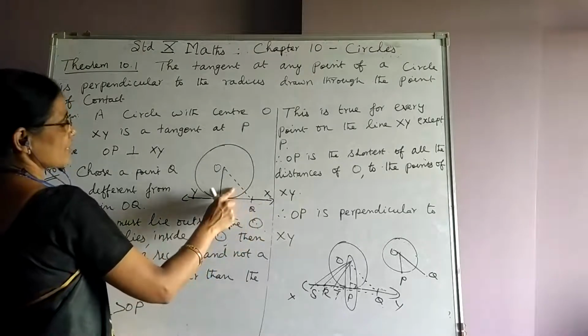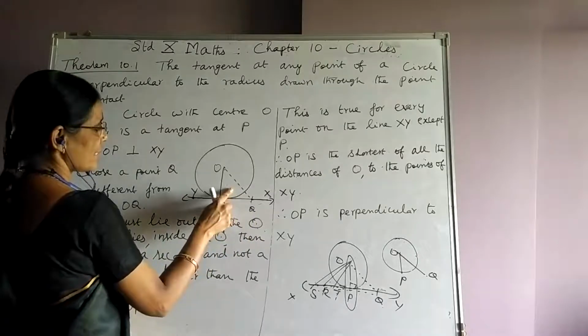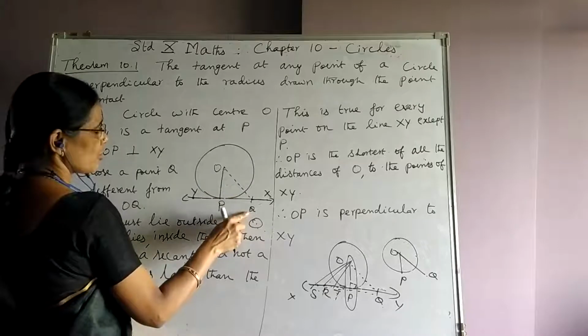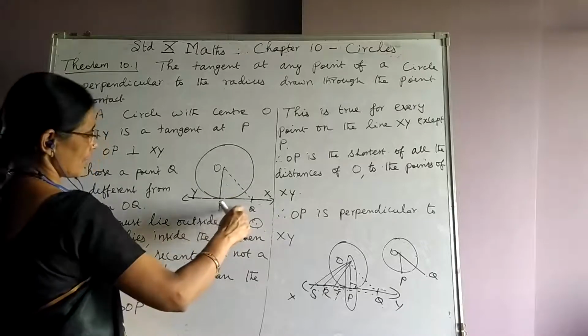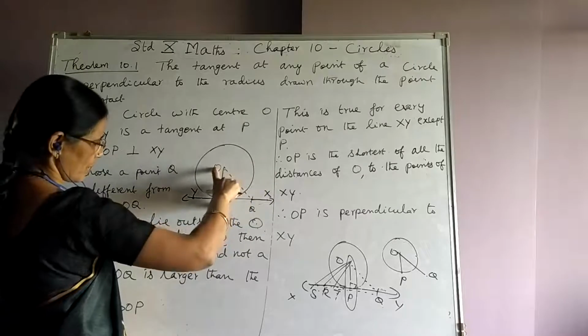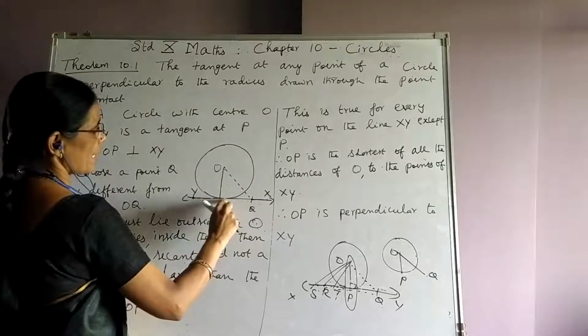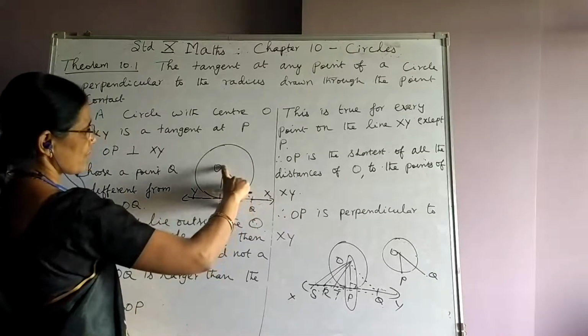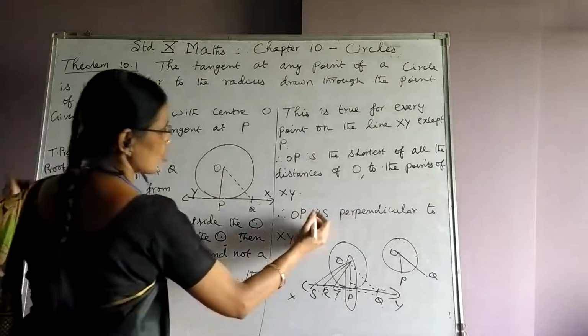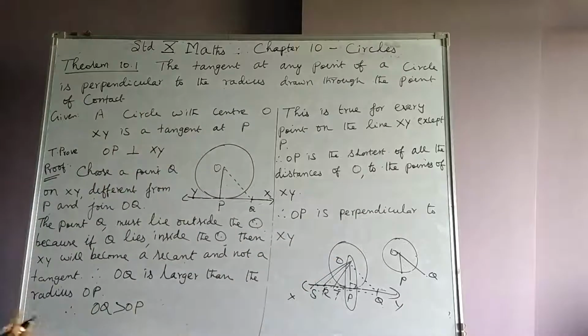Q cannot lie inside the circle. If it lies inside, the tangent becomes the secant of the circle. Therefore, Q should lie in the exterior. If you compare OP with OQ, OQ is greater than OP. Taking similar points on XY, we can prove OP is the shortest. Because it is the shortest, we can conclude OP is perpendicular to XY.